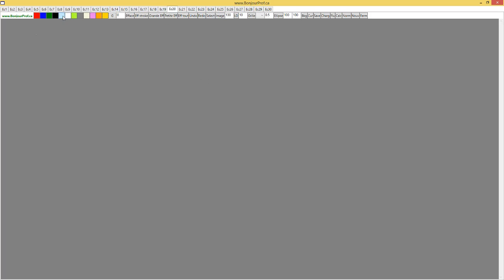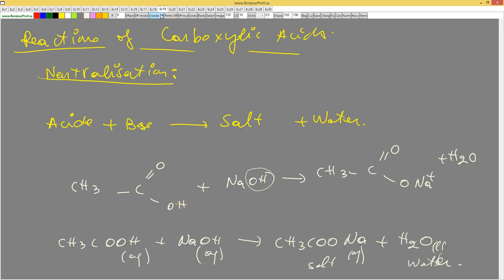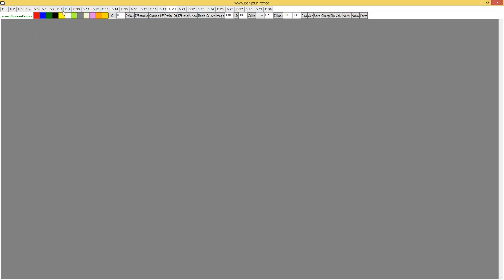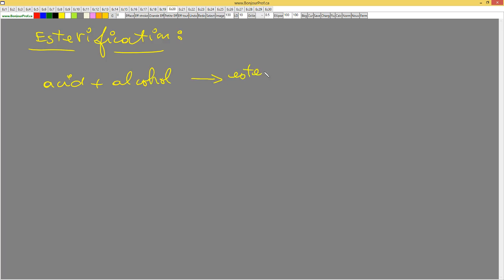The other reaction that we can do with acid is esterification. So neutralization, you have to know the neutralization: always an acid plus base will give me a salt and water. Now what we call esterification is also a double displacement reaction, but this one is between an acid plus an alcohol, which will give me an ester plus water.